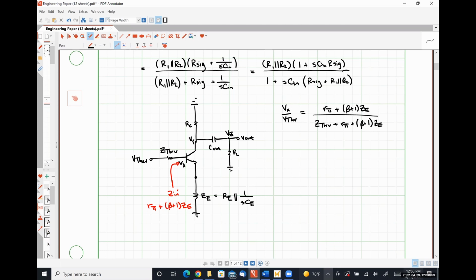Now let's talk about what we see looking between X and Y. We have a degenerated common emitter amplifier, right?